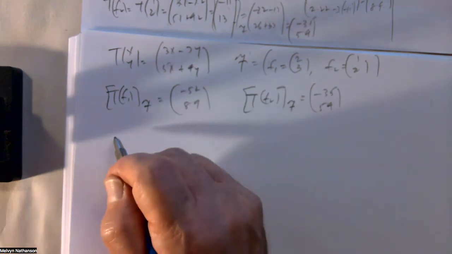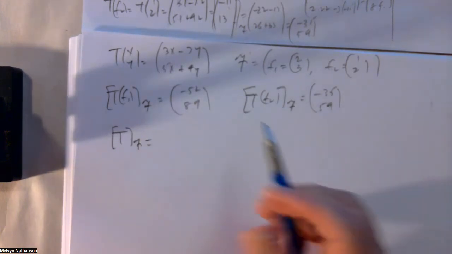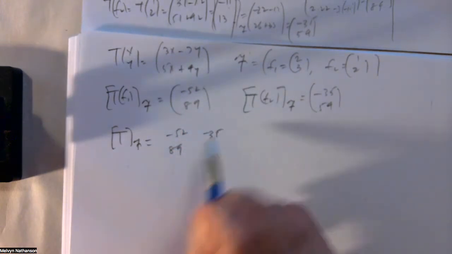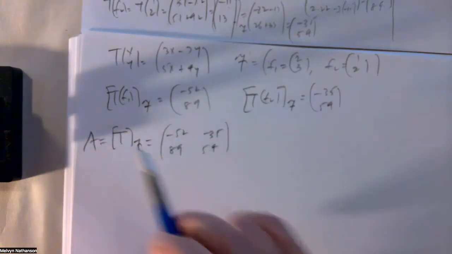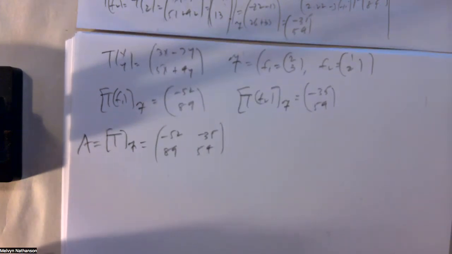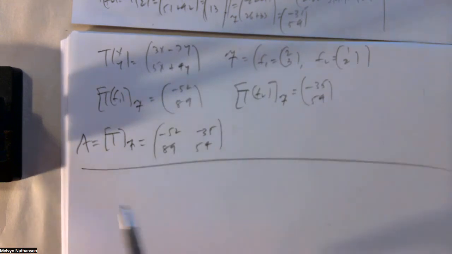Which means that the matrix for T with respect to the basis f is going to be minus 52, 89, minus 35, 54. That is evidently a matrix. I am rather dubious that I did not make any arithmetical mistakes since I was squeezing the writing into a small place. So I'm actually going to double check everything.